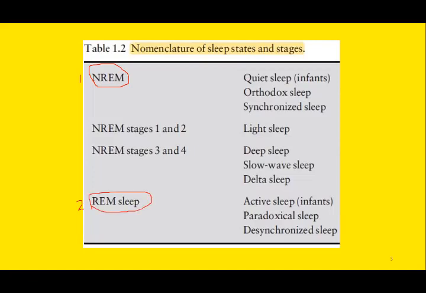Non-REM is subdivided into four stages, where the first two stages are known as light sleep, and the last two stages, stage 3 and stage 4, are known as deep sleep or slow wave sleep. The other name for deep sleep is delta sleep. So these are the two stages of sleep, non-REM and REM.